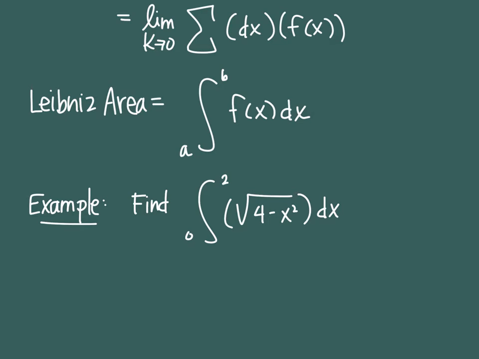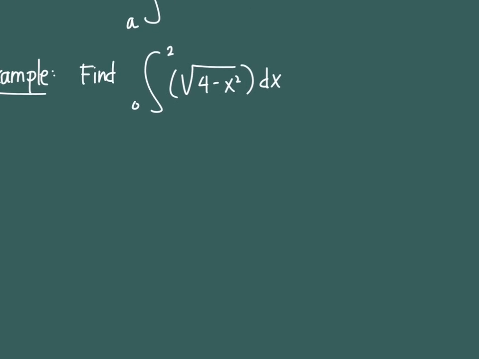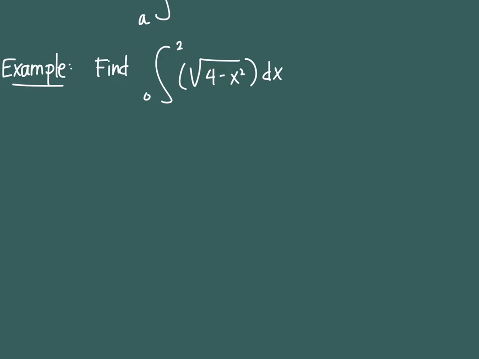That problem looks intimidating until you think of it geometrically. This is just a geometry question. If you understand that the meaning is find the exact area between 0 and 2 of the shape of a quarter circle, you don't need anything else other than a little geometry.